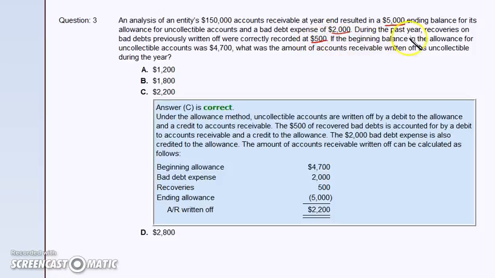If the beginning balance in the allowance for uncollectible accounts was $4,700, this is the opening balance of allowance for uncollectible accounts. What was the amount of accounts receivable written off as uncollectible during the year? So you need to calculate accounts receivable written off during the year.